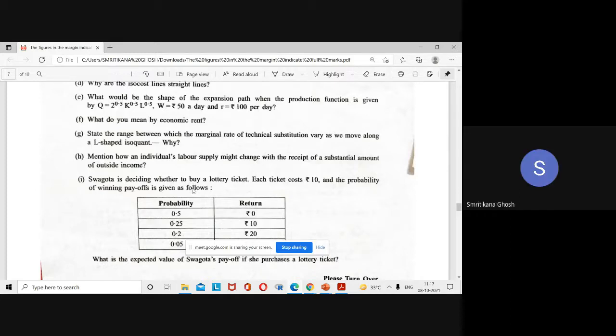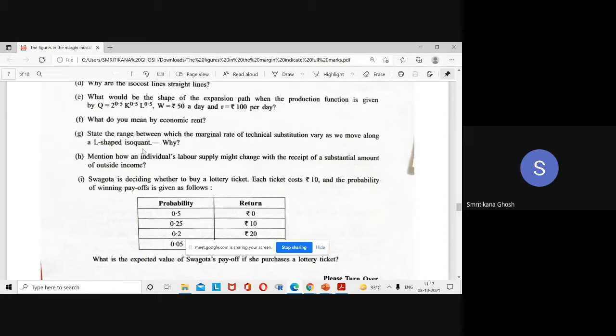For the L-shaped isoquant, actually the question is asking about the economic zone of production, right? To distinguish the economic zone of production, you need two ridge lines. In between these ridge lines, the area is called the economic zone of production. But here, as it is an L-shaped isoquant, if you are going along the horizontal stretch of your L, then MPL is 0.